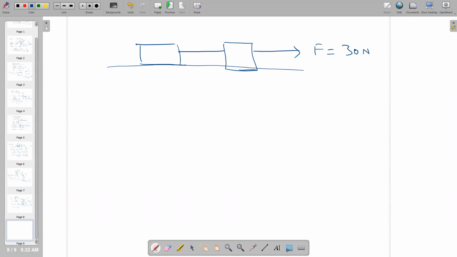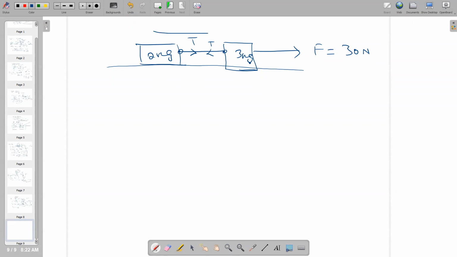Suppose this is 2 kg and this is 3 kg, just taking an example. So here the tension is this way. From this, the tension is this way. The tension will be the same because they are connected with the same string. The string is not changing here. Same string. So what will you do?